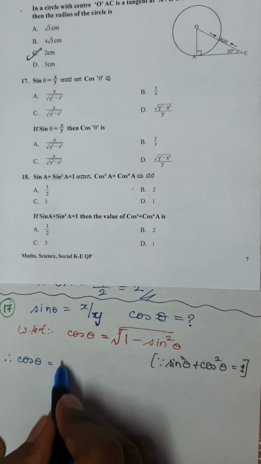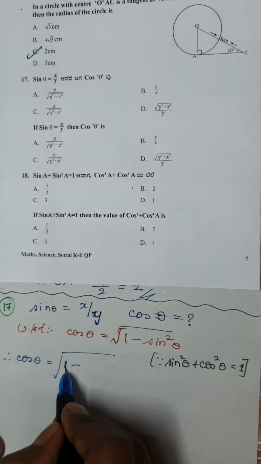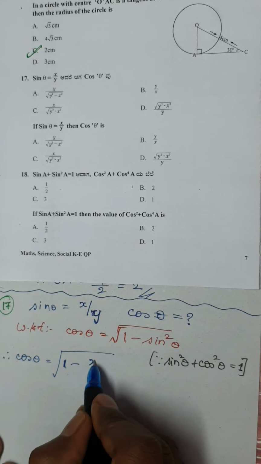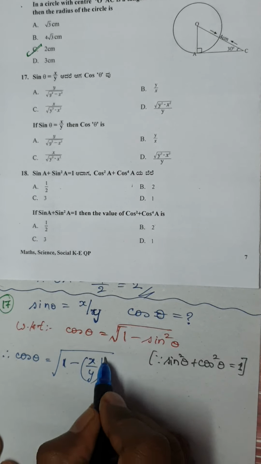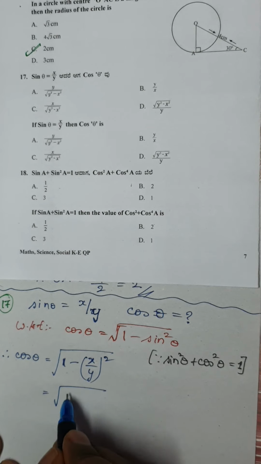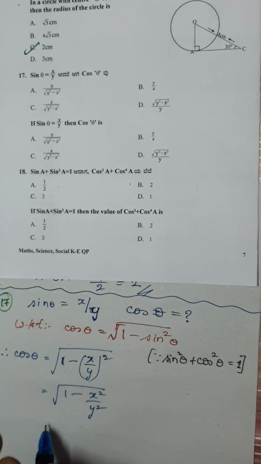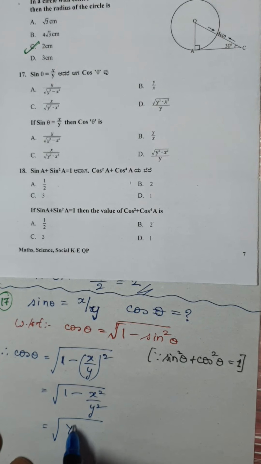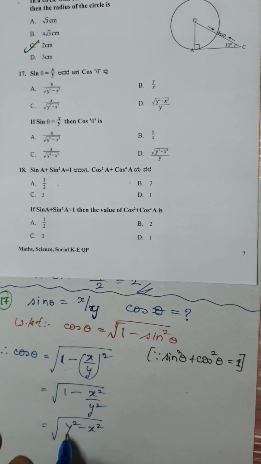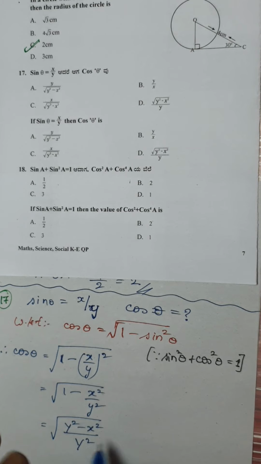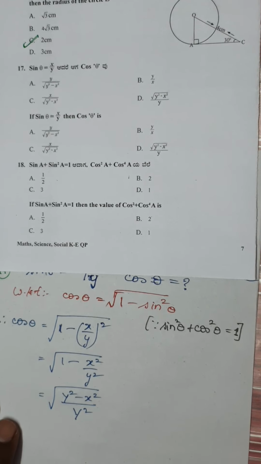So cos theta is equal to square root of 1 minus sine theta whole square. What is sine theta? This is x divided by y whole square. This is nothing but square root of 1 minus x square divided by y square. Let me take the LCM. You will get y square minus x square divided by y square completely inside the root.